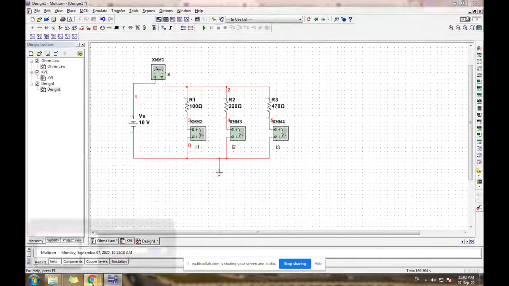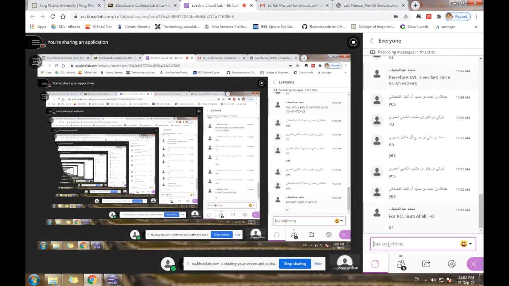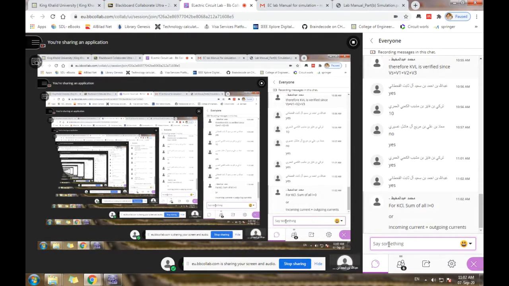So for KCL, we say that the sum of all currents is equal to 0, right? Or I can say that the incoming currents will be equal to the outgoing currents. That is, the currents which are entering will be equal to the currents which are leaving, right?